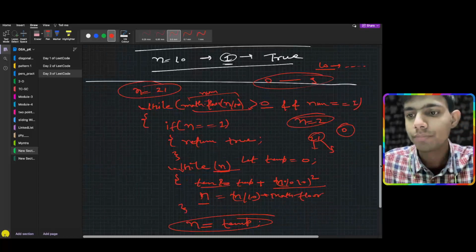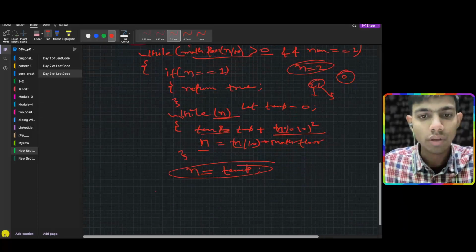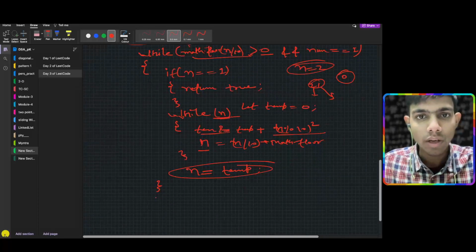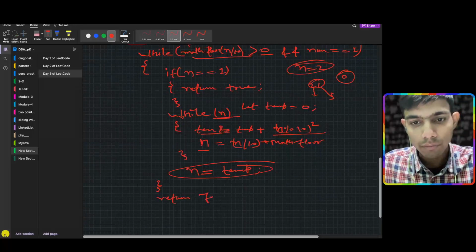If it's not, we'll go out of this while loop and return false.